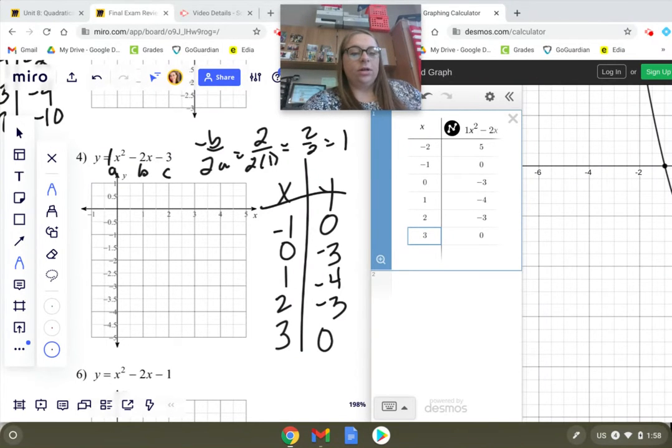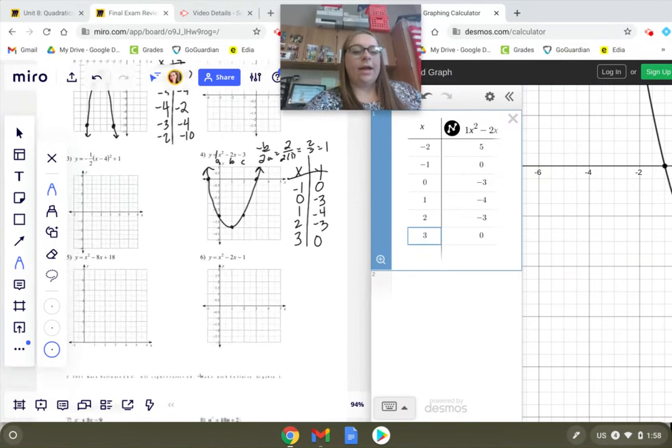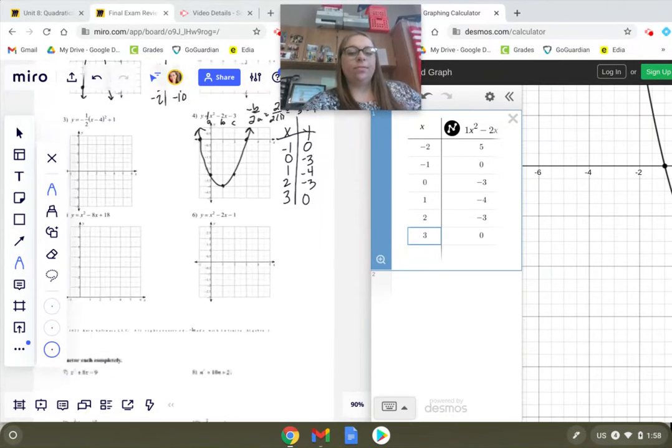So -1, 0. I've got 0, -3. Got 1, -4. 2, -3. And then 3, 0. And then connect your points. All right, so you'll do that just like 5 and 6.